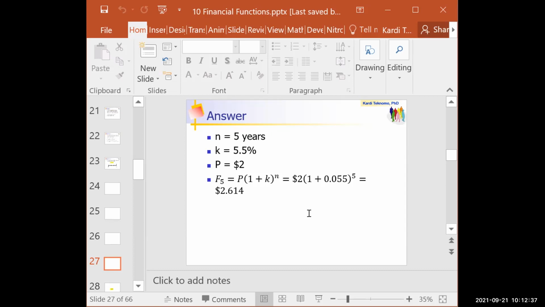P, K, N, you get F, correct? So if I know the F and K and N, can you get the P? Yes, using present value. Okay, so now if I get the P and F and K, can you get the N? Yes, using NPER.